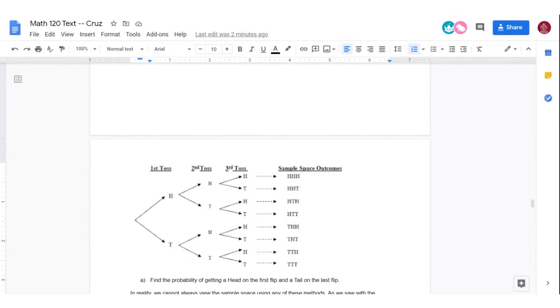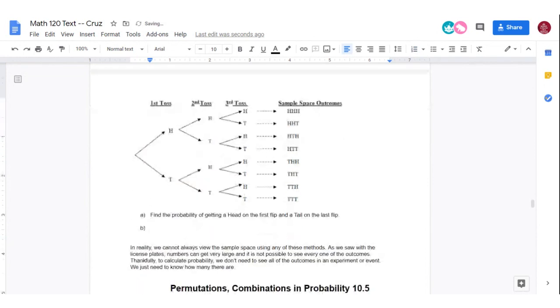So find the probability of getting a head on the first flip and a tail on the last flip. All right, so let's just go through here and examine them. Okay, all of these here, 1, 2, 3, 4, the first half, they all have a head on the first flip.